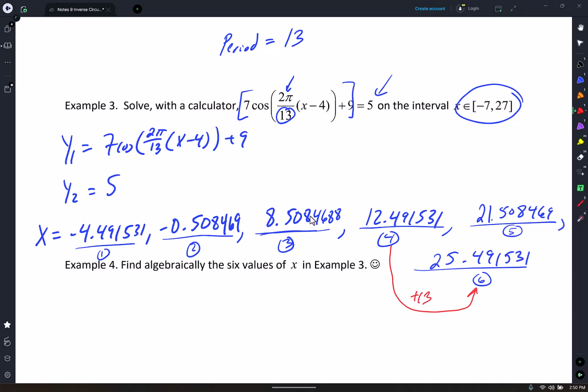And look at all the digits, 491531, same digits. If you add 13 to number 3, to the third one we got, 8 plus 13, look, it's 21. Are you shocked? No, you're not, because the period of this function was 13. Do you guys see that?